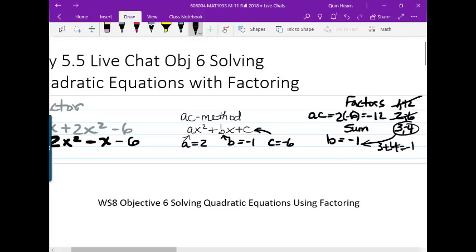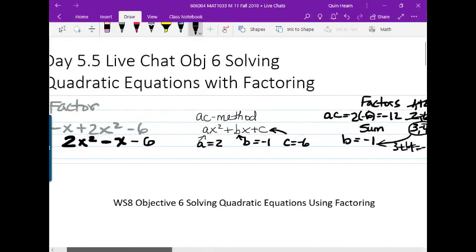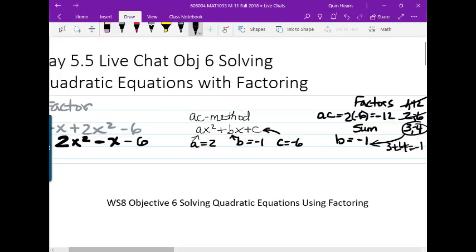Okay, so now what we do with this in the AC method is we're going to use it to change our trinomial, a 3-term polynomial, into a 4-term polynomial. We practiced this in class. The way we do this is we look at the middle term, the x term, and we think about rewriting it as 2 separate terms using the 3 and the negative 4.